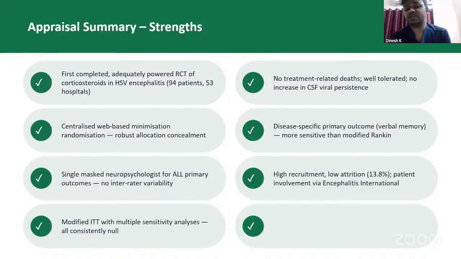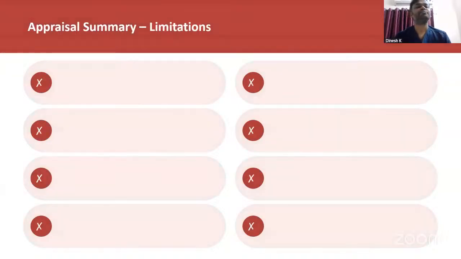Not only that, they also involved the Encephalitis International charity, with which they were able to create awareness among the people, because of which they were able to recruit more people, and even the loss to follow up was within the acceptable range. And then 95% confidence intervals were reported for all the outcomes at each follow-up visit at 26 weeks and 76 weeks.